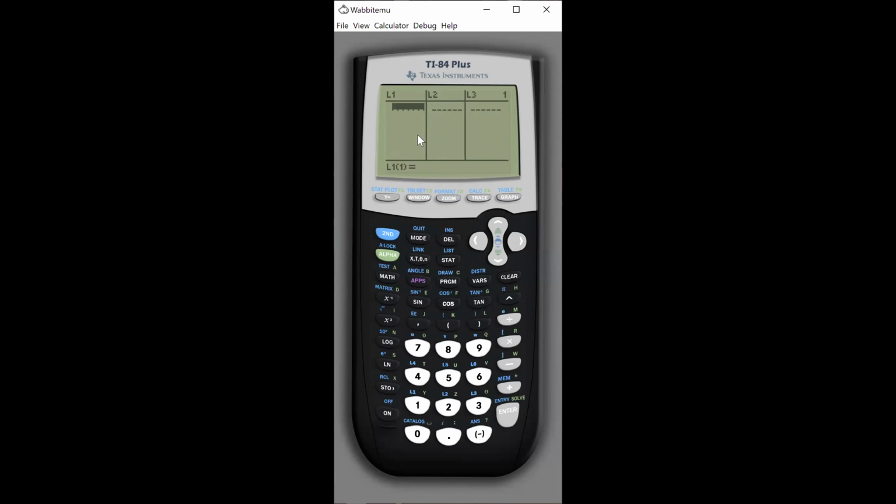All right, so right now I'm gonna put the data set for how many weeks it took for the baby to first crawl. So we'll put 52, 30, 44, 35.